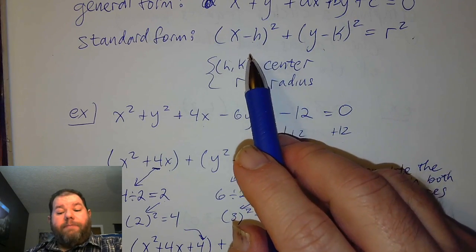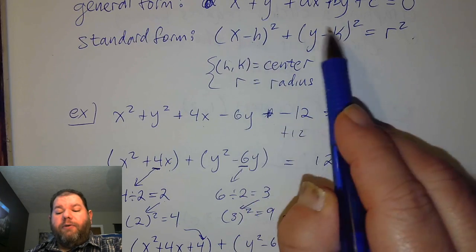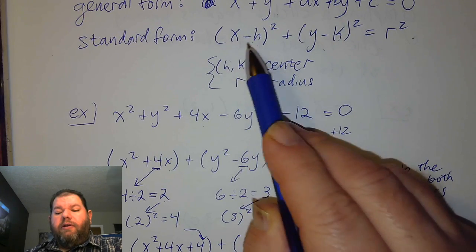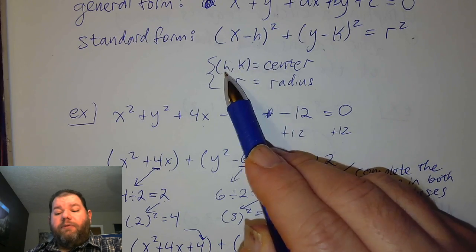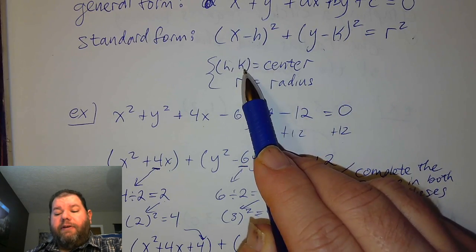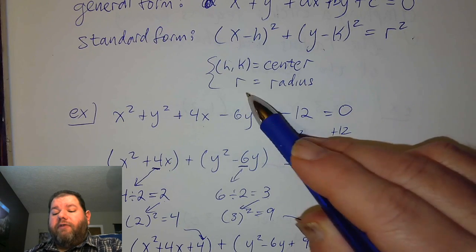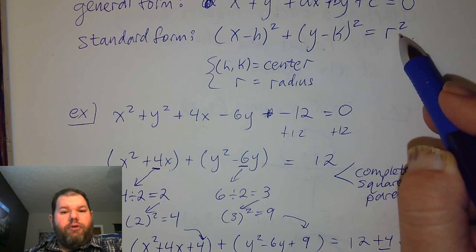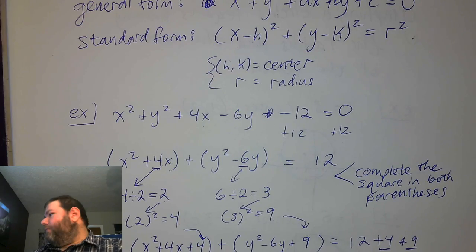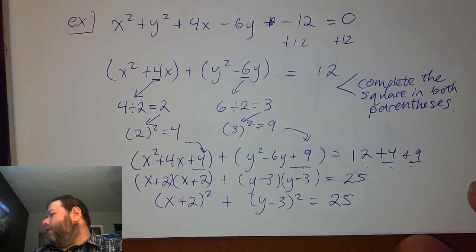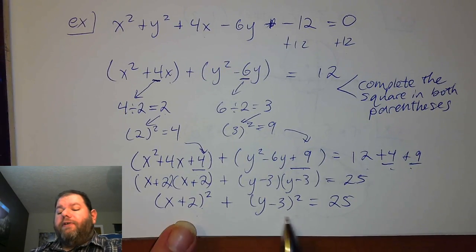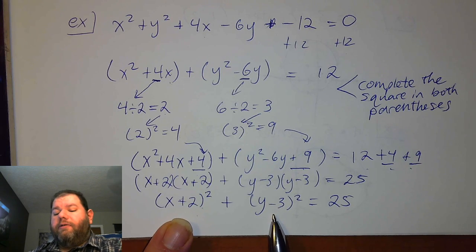So what's happening is we're actually taking the opposite of both of those numbers. So whatever is here, we take its opposite. Whatever is here, we take its opposite. And this number on the right-hand side is r squared, so to get the radius, we take the square root of whatever number is over there. So first of all, what is the center of this circle?